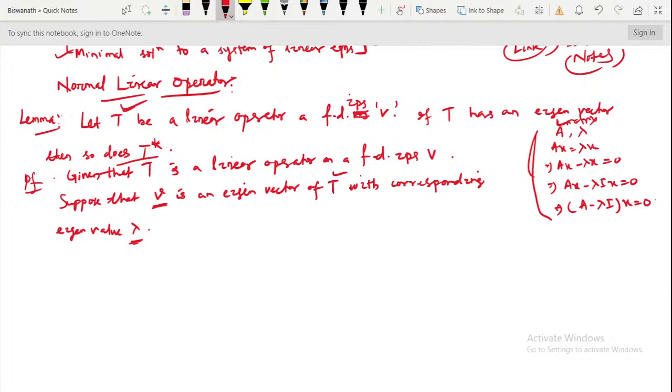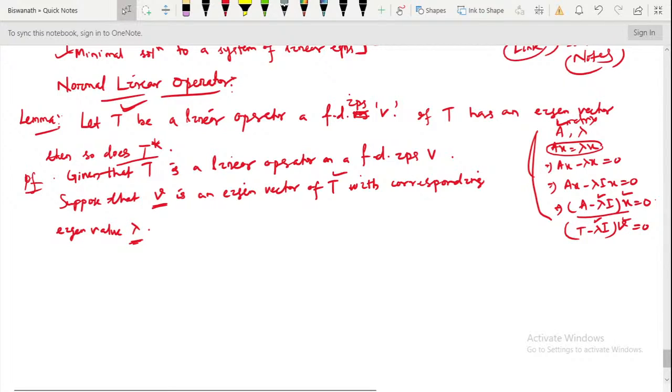Just as for a matrix A, Ax equals lambda x, or A minus lambda I of x equals 0, here for the linear operator, since lambda is an eigenvalue and V is its corresponding eigenvector, we can write T minus lambda I of V equals 0.